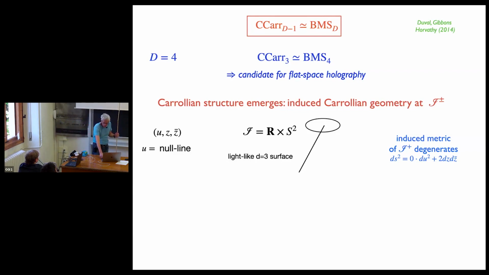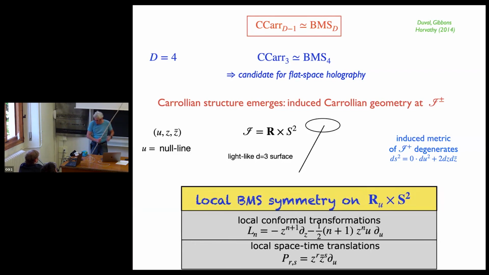Now we can again look at this BMS group and how it is realized on this Carrollian space. Carrollian space is 3-dimensional, with U and complex Z. The local conformal transformation is represented as before, and the Lorentz group of course now has an additional generator, a differential operator acting on U. That's natural to expect.